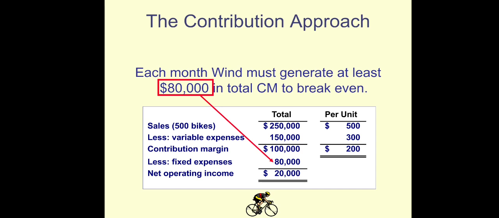If the contribution margin is $80,000, then $80,000 contribution margin minus fixed expenses also $80,000, so the business profit will equal zero. When the business does not make any profit or loss, or has zero profit, the situation is called break even.